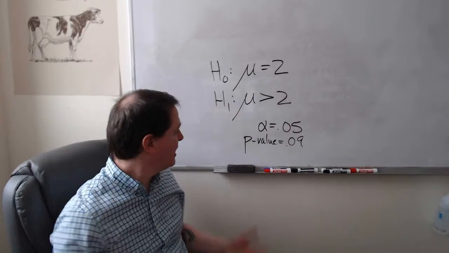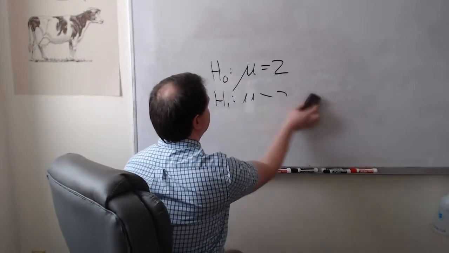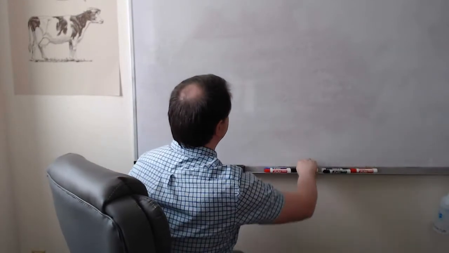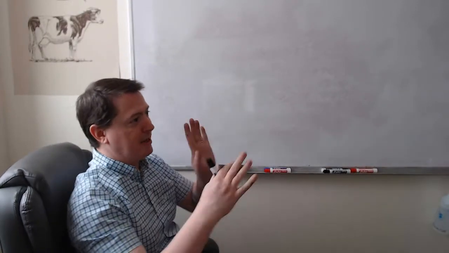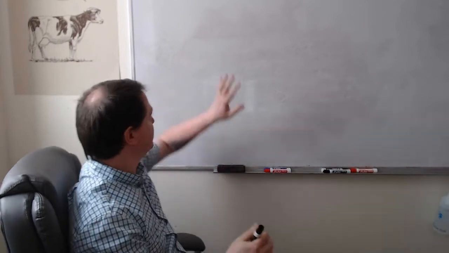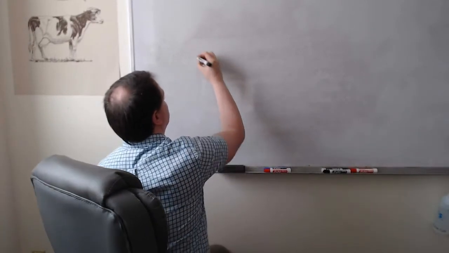Now, how do we communicate this to lay people? With a sentence like this. And we'll get lots and lots of practice with this, so don't worry about this right now. This is just generally what something like this would look like.